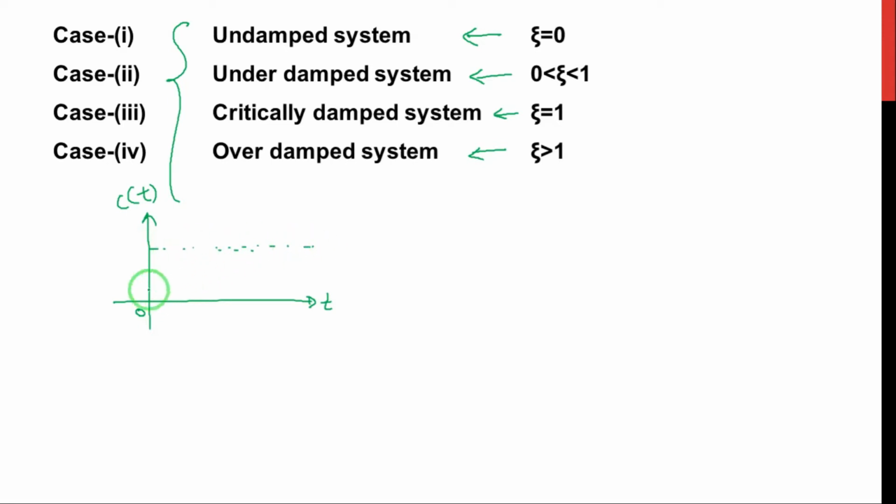Compared to the previous lecture, the first order system, the waveform goes like this and after a certain time it reaches the steady state value. But now we are discussing the second order system. There are 4 types. If zeta is equal to 0, how will the response be? It is an undamped system. Undamped system means it will not reach the steady state value at any cost.